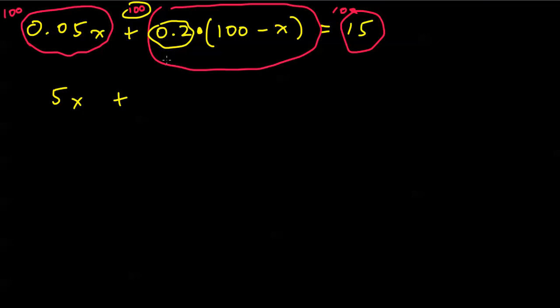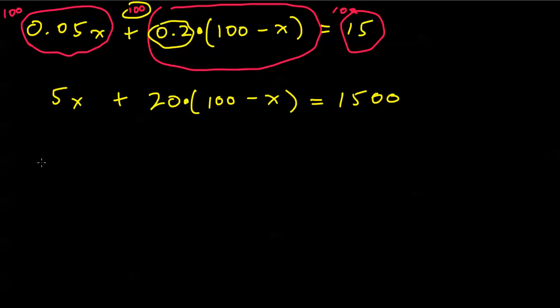So 100 times 0.2 is, of course, 20 times 100 minus x. And 100 times 15 is 1,500. So, with some good housekeeping, I've eliminated decimals and got something not too terribly difficult at this point.